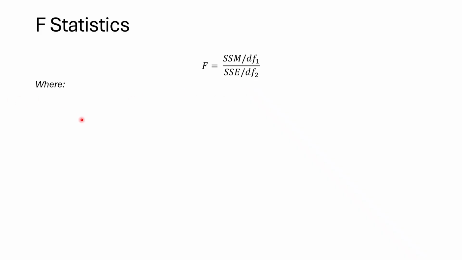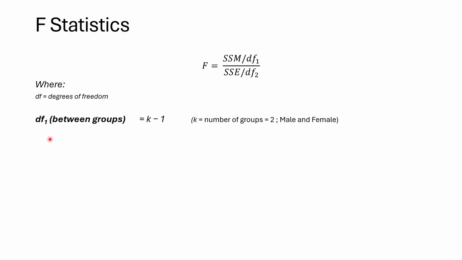Okay, so DF stands for degrees of freedom, and DF1, degrees of freedom 1, is between the groups, and we know that we have only 2 groups, male and female. So it is the number of groups, K, minus 1, because we know that the last value we are not able to modify. That is the concept of degrees of freedom.